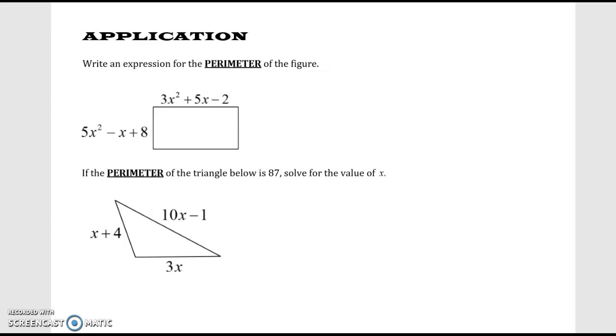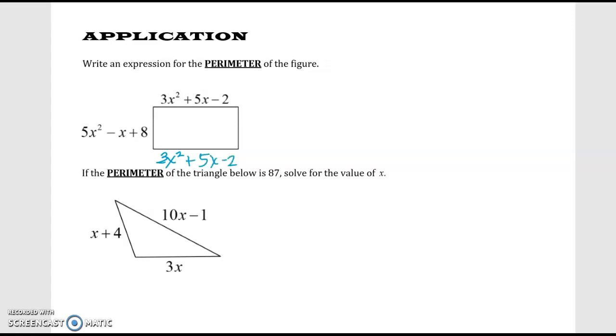So this is our geometry application, which we typically do. So the first problem says write an expression for the perimeter of the figure. So first of all, we've been talking a lot about area. So let's think back to perimeter. Remember, perimeter means the distance around an object. So that means add up all the sides. So you have this 3x squared plus 5x minus 2, the same here.